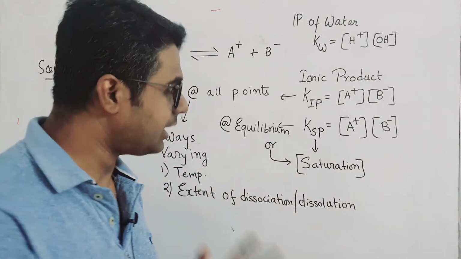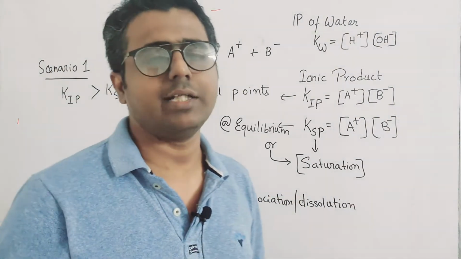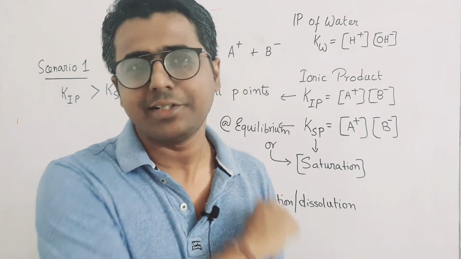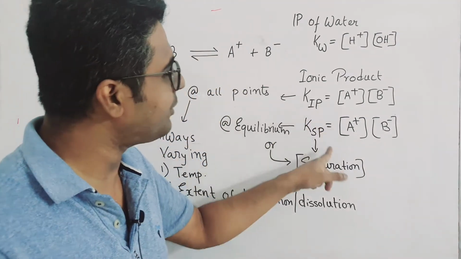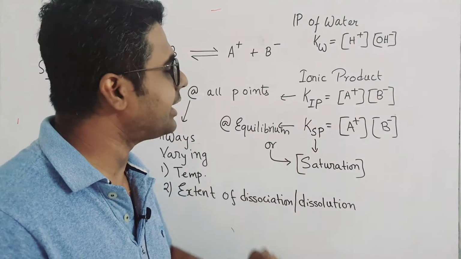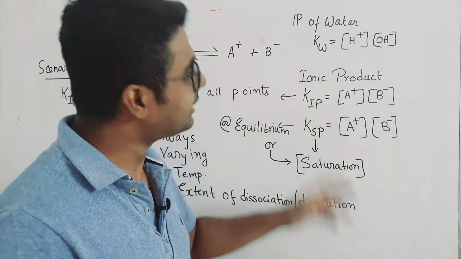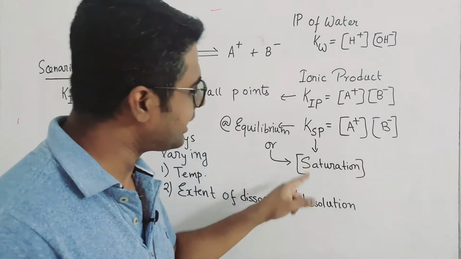So if the number of ions has increased more than the amount of ions that should have remained during saturation, then only the KIP will be more than KSP. Is this clear? KIP will be more than KSP when A plus and B minus are much more than they should have been at saturation.